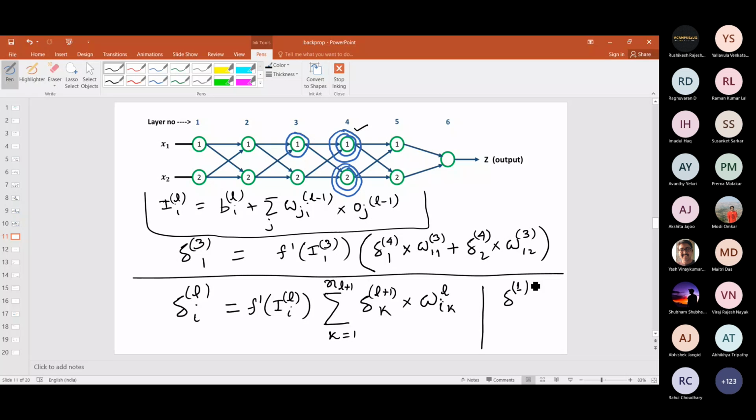So if you have an L layer network, then I have to compute this delta for the neurons in the very final layer, which could be delta 1 or maybe delta 2, then delta L1, delta L2, and so on and so forth. Because in the final layer, I have to compute this one first, and only then can I reuse these values, because it is recursively dependent on the other things. Anyway, that's the small thing.